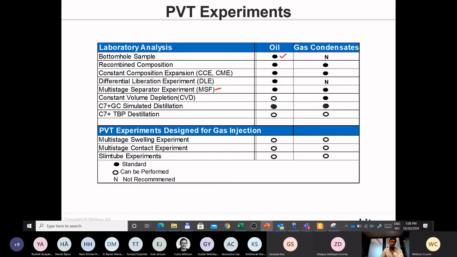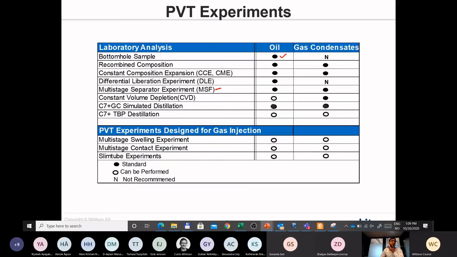There are multiple reasons, and the first reason is that if you compare the DLE experiment versus a CVD experiment, the CVD experiment replicates the performance of the gas condensate reservoir almost exactly, compared to the DLE experiment. We will see how the CVD experiment is conducted.